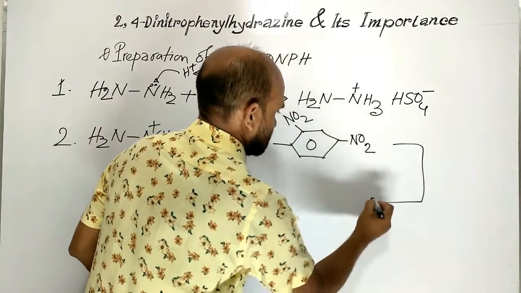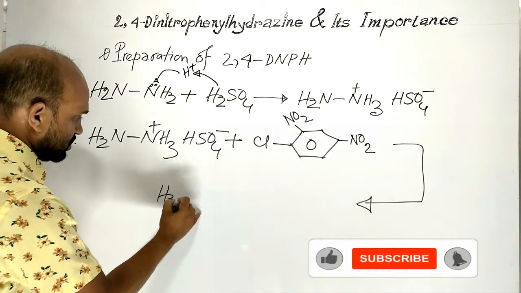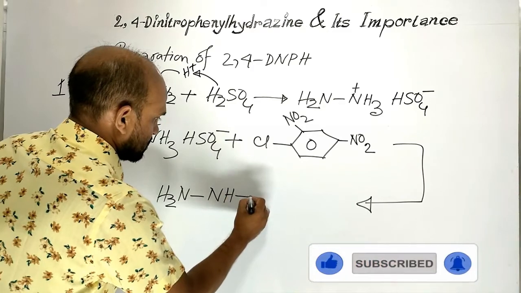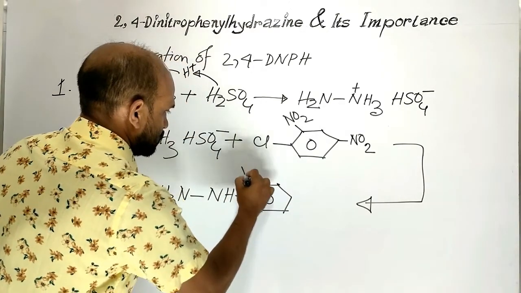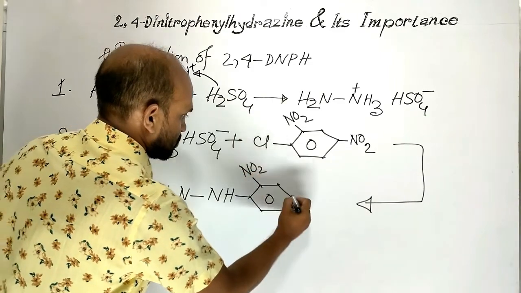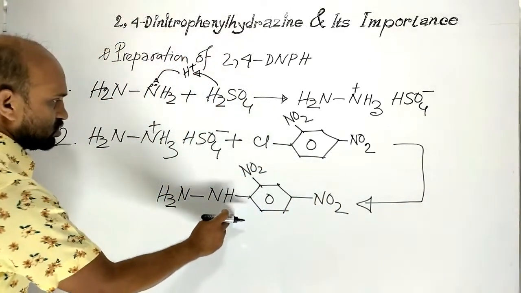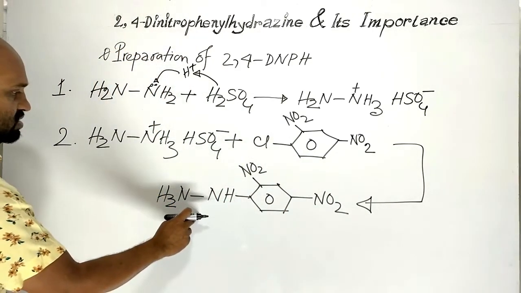Then this is obtained, that is H2N, NH, here phenyl group, second position nitro group, fourth position nitro group, which is 2,4-dinitrophenylhydrazine.